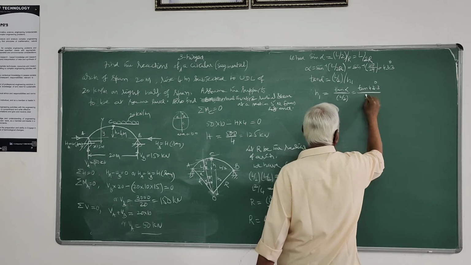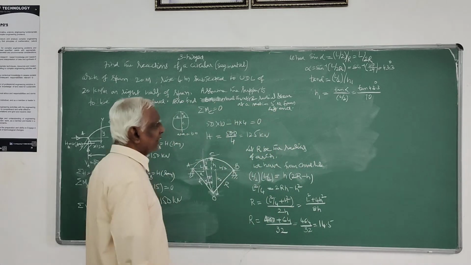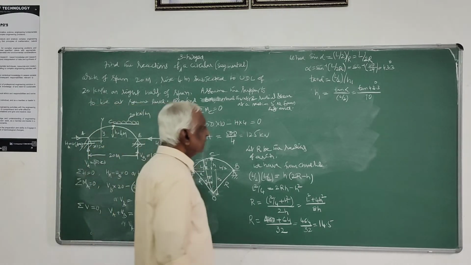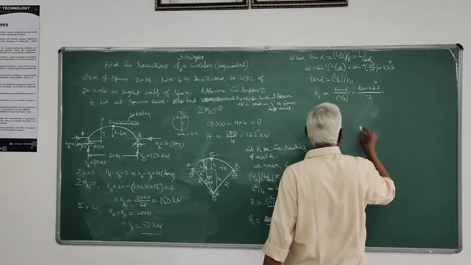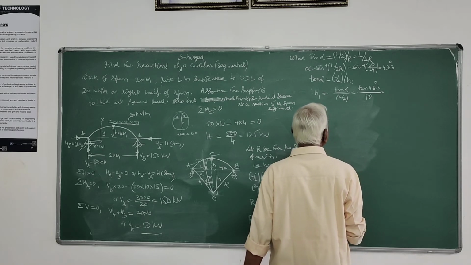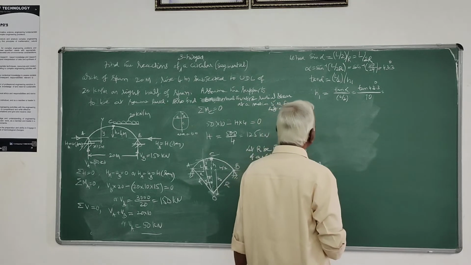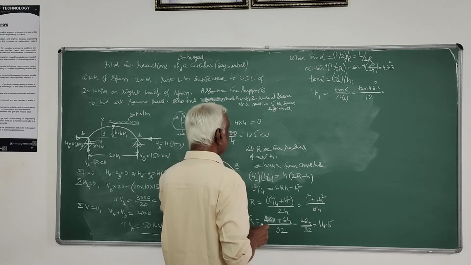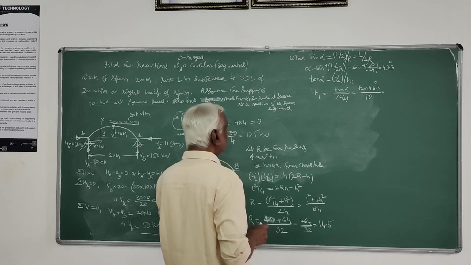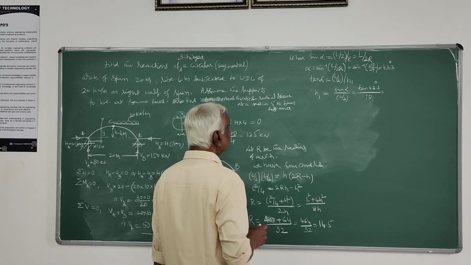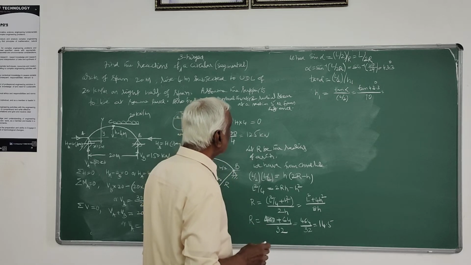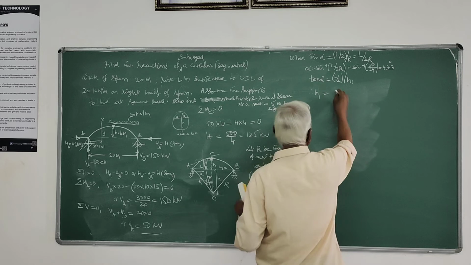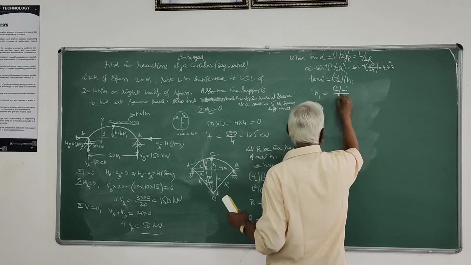Tan alpha is equal to L by 2 by H1, so H1 is equal to L by 2 divided by tan alpha.